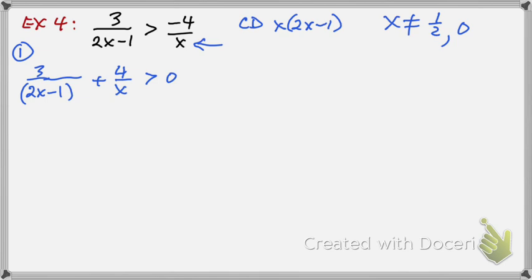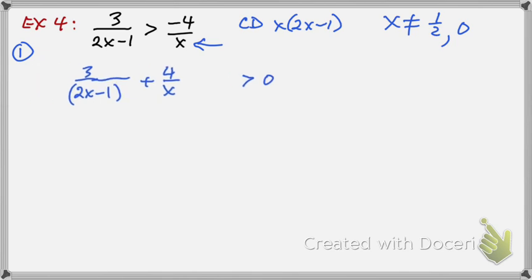All right, so now then, I need to get these fixed. Let me just move this whole thing over. Okay, scoot that over a little bit. The denominator, 2x minus 1, what do I need to multiply by to make that our common denominator?